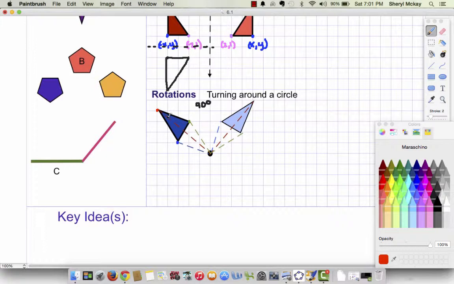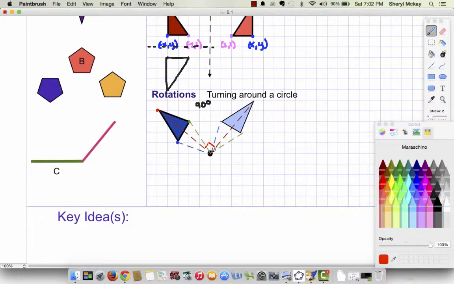And the way that I do that is I connect my red point to my center point, the center of my circle. And so that's what you see here, this dotted red line coming down. And then I make a 90 degree angle. I basically move this line 90 degrees.